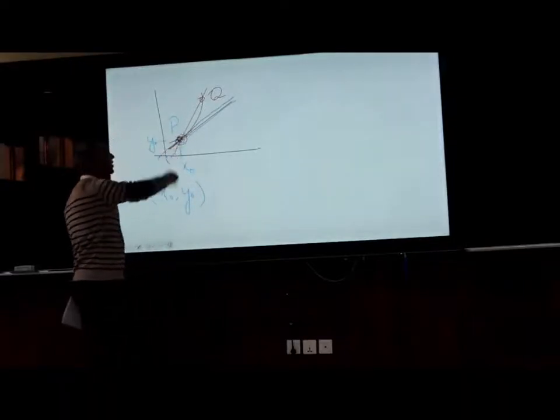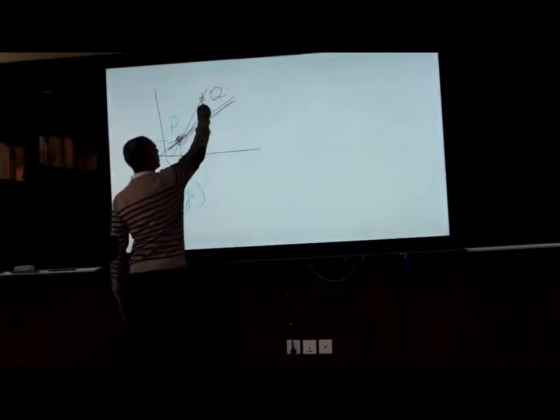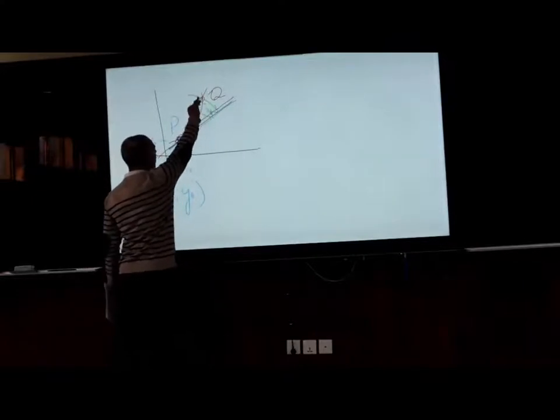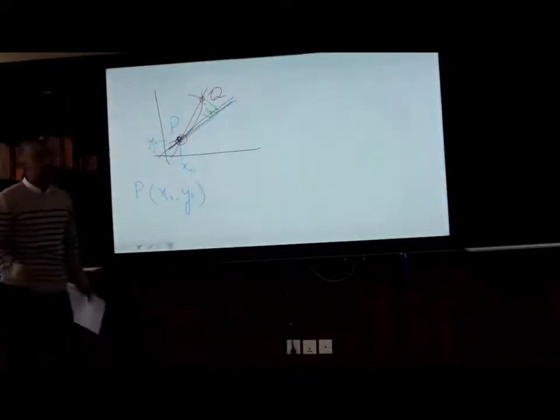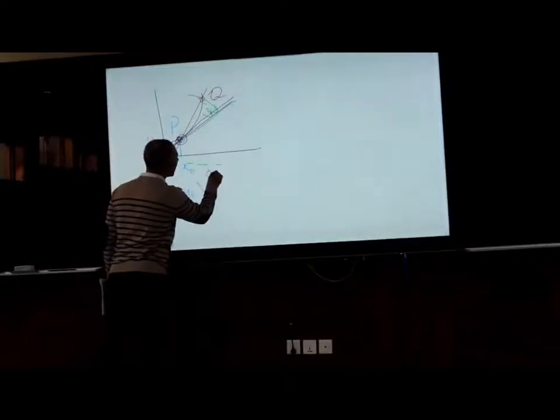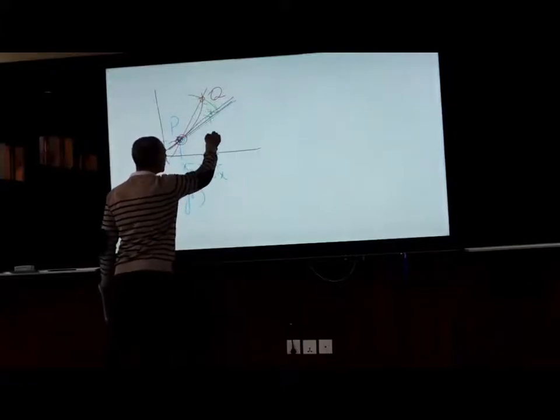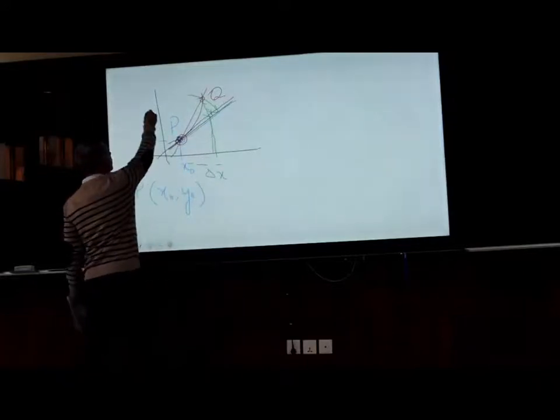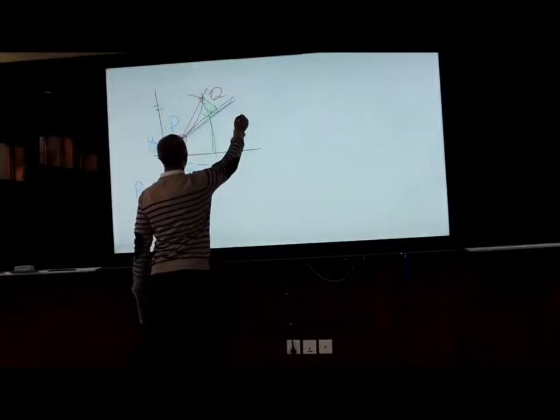So the change from this initial point: Q shifts from this region and covers some distance, and this distance along the x-axis is represented with delta x. Similarly, the change along the y-axis, the change in height.